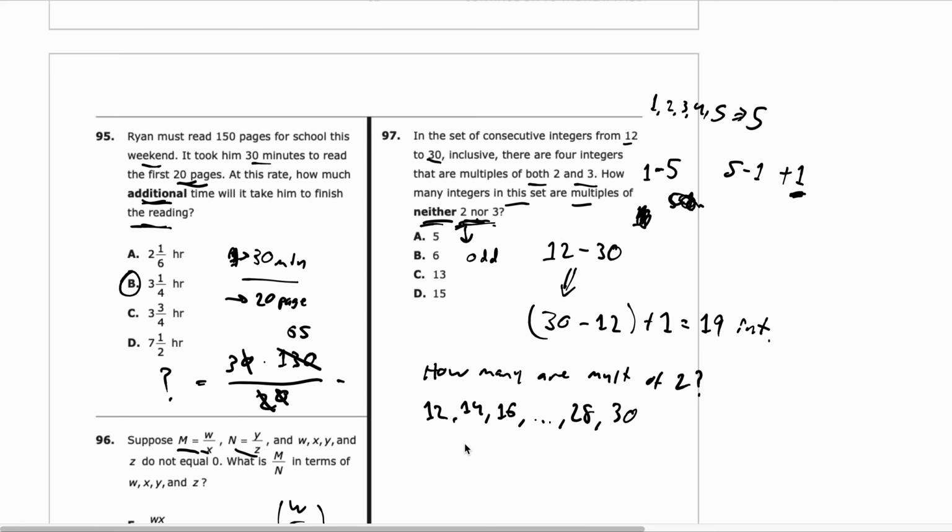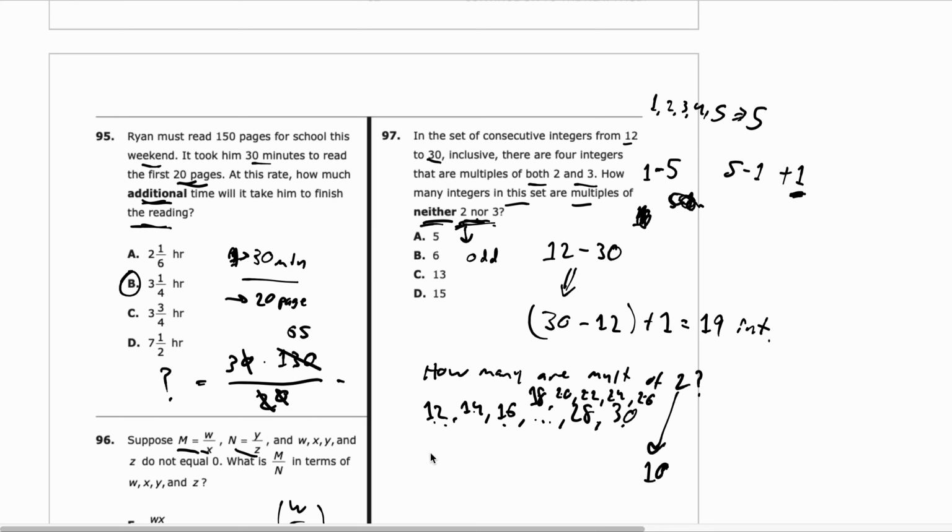So I guess we could just count those: 12, 14, 16, 18, 20, 22, 24, 26. So 1, 2, 3, 4, 5, 6, 7, 8, 9, 10. Okay, so this would be 10, right?